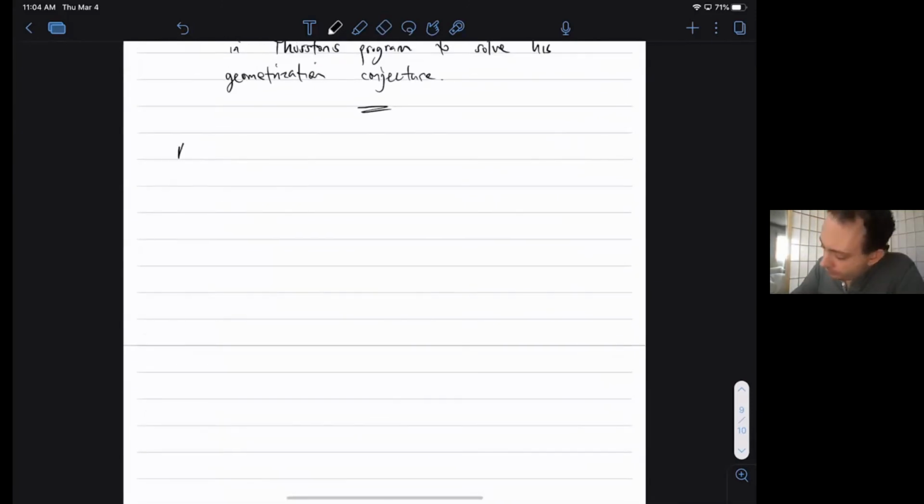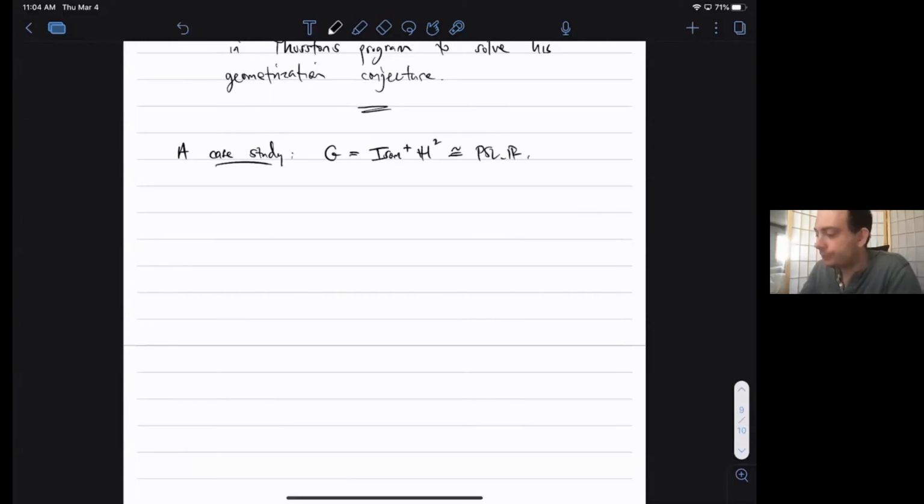Okay, so here's a case study. We're going to set G to be the orientation preserving isometry group of H2, which is the same as PSL2R. And I'm going to try to describe to you what Sub G looks like.